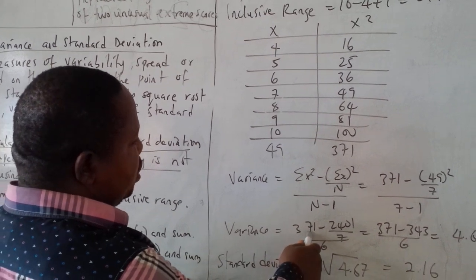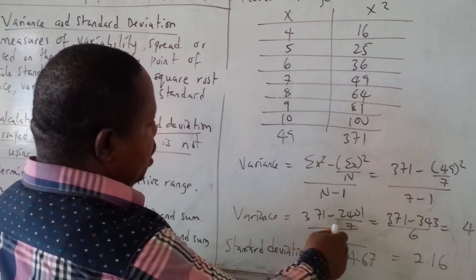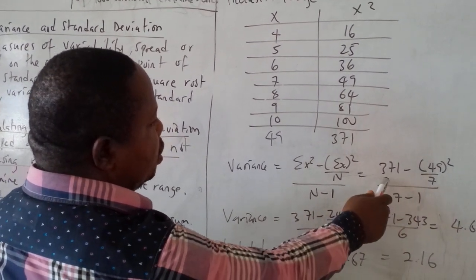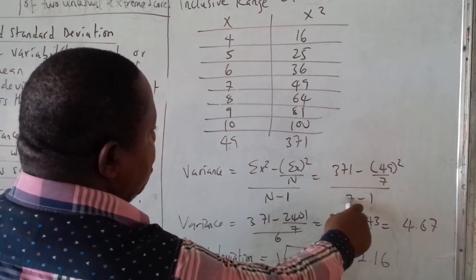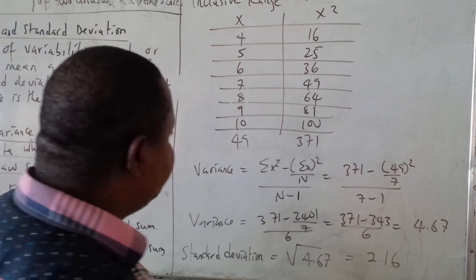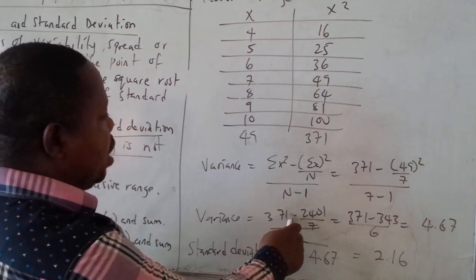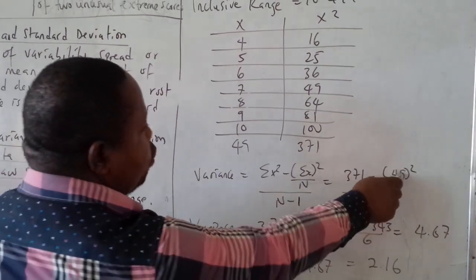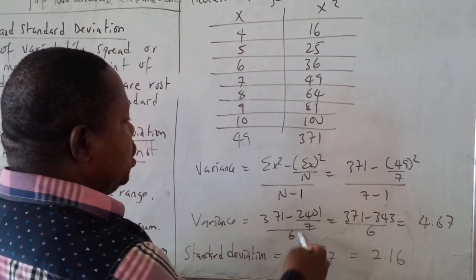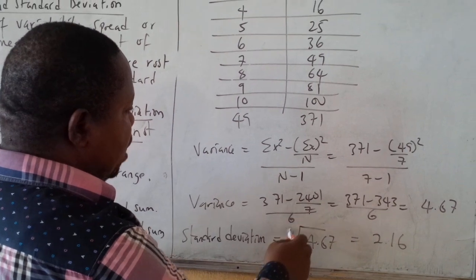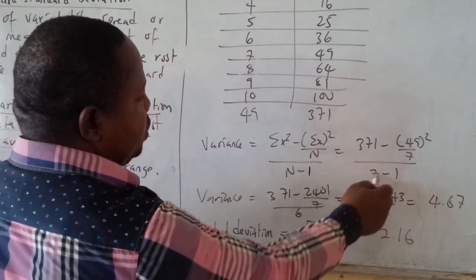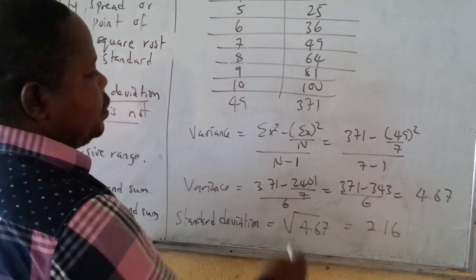And that's why you have this 371 minus 49 squared over 7, all over 7 minus 1. If you square this 49, it will give you 2401. Divide by 7, all over 6. How do you get this 6? 7 minus 1 will give you 6.